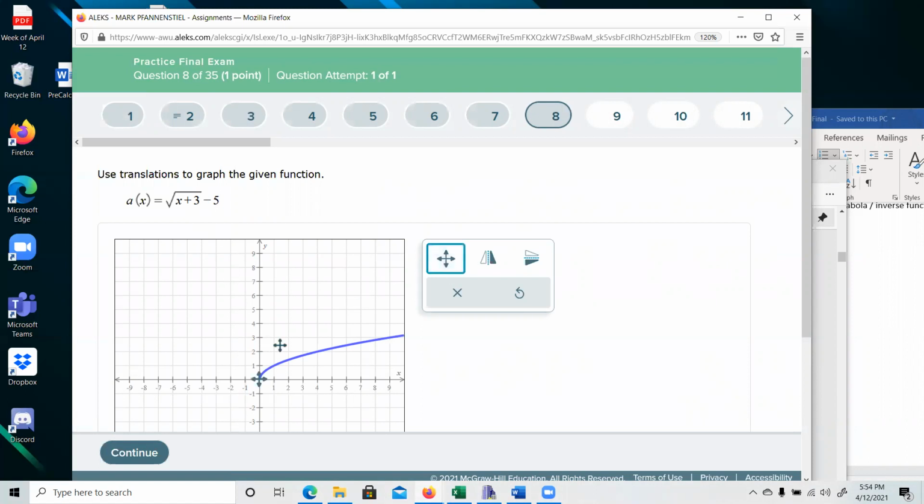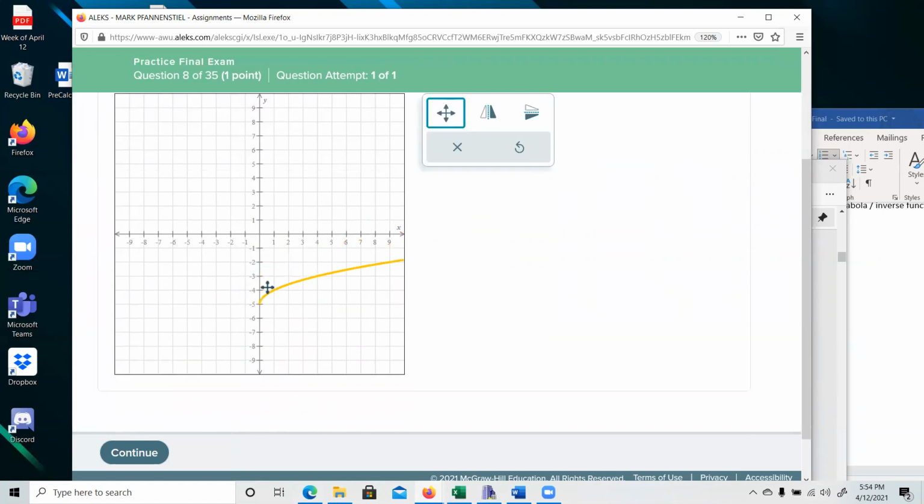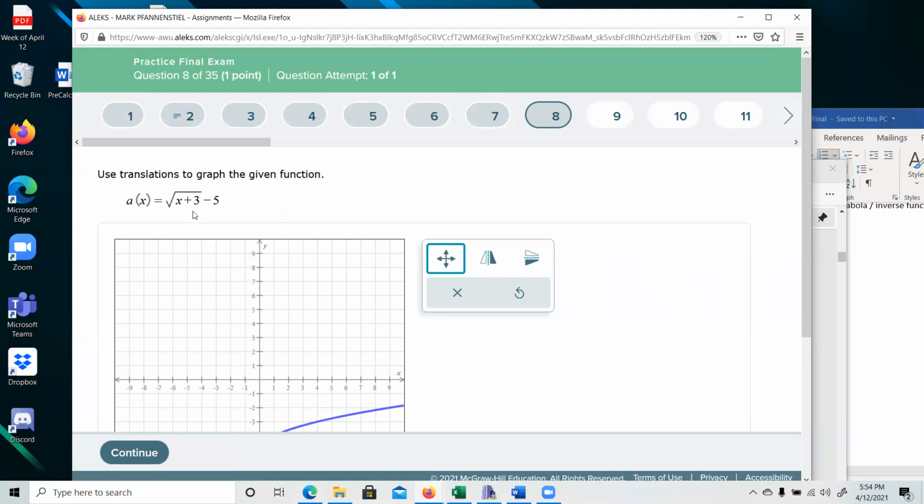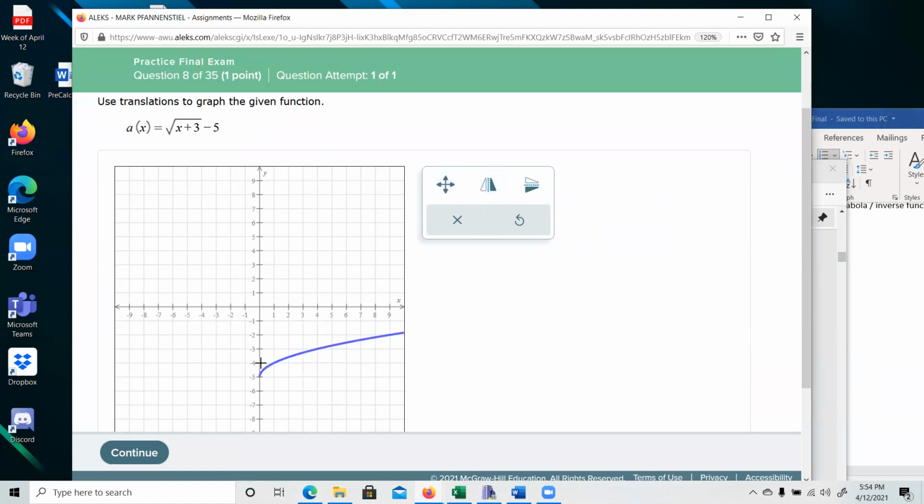So we have to go down 5. 1, 2, 3, 4, 5. And then this plus 3 is going to move it to the left, right? It's going to move it to the left 3 units. 1, 2, 3.